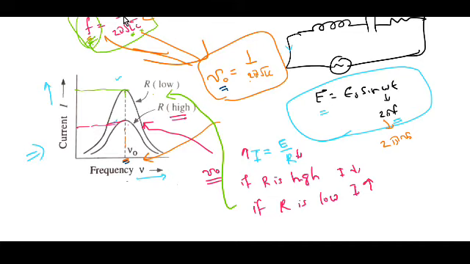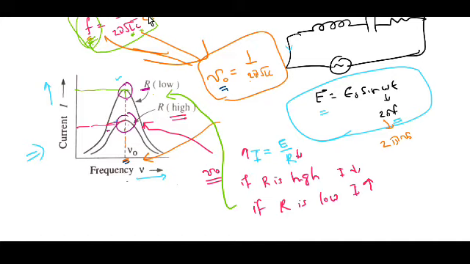Fine. One more point that I would like to emphasize here is that the sharpness of this peak is sharper than this peak, and the sharpness of the peak depends on the value of the resistance.